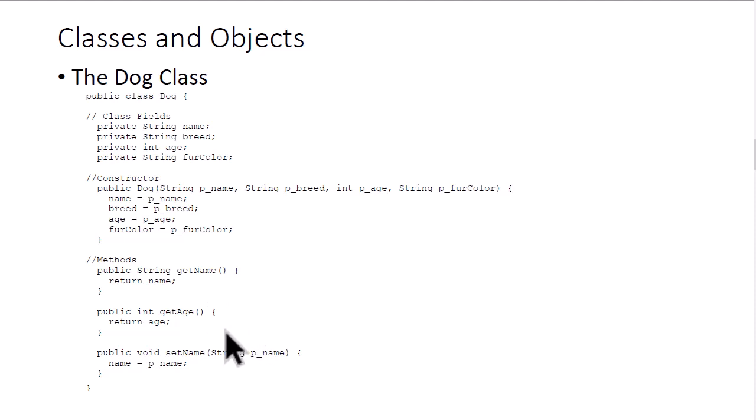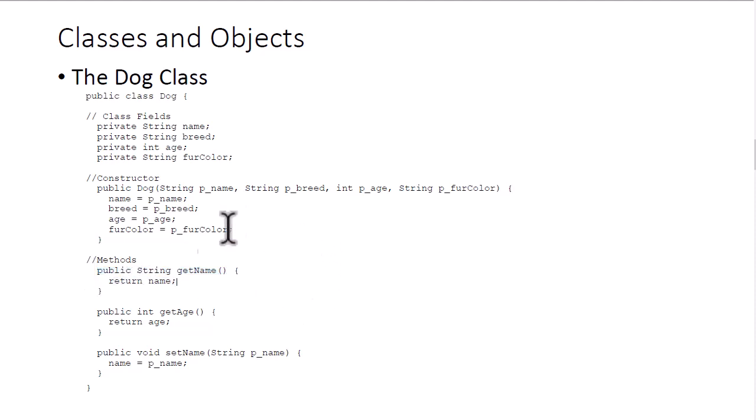And here below we have our set name method, which now returns nothing, but takes a parameter of name, p underscore name, and it takes the value and assigns it to the name variable. So this is a way we can manually set the name. This is how we can get the name out of the object.